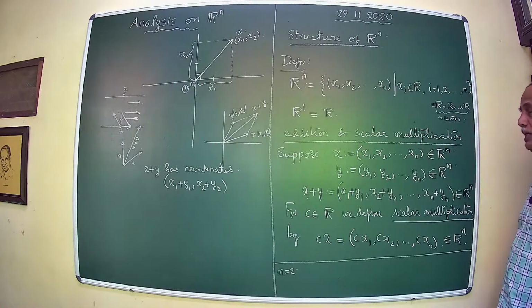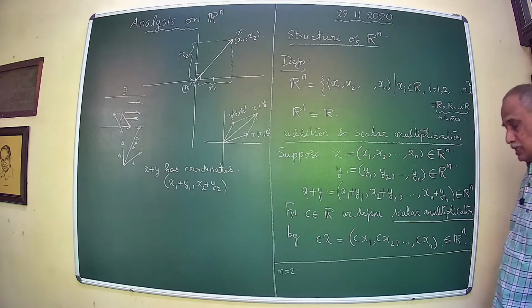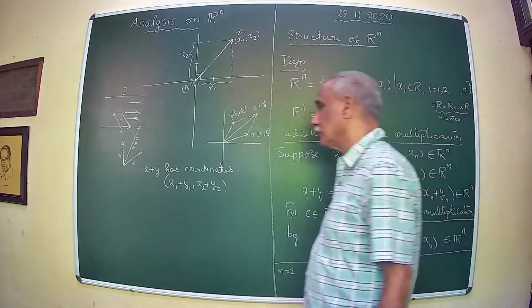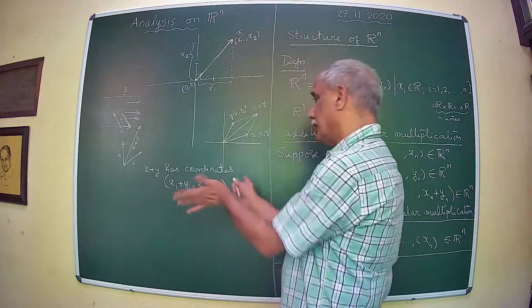And all that you need is to add the corresponding coordinates of the two vectors to create a new vector.